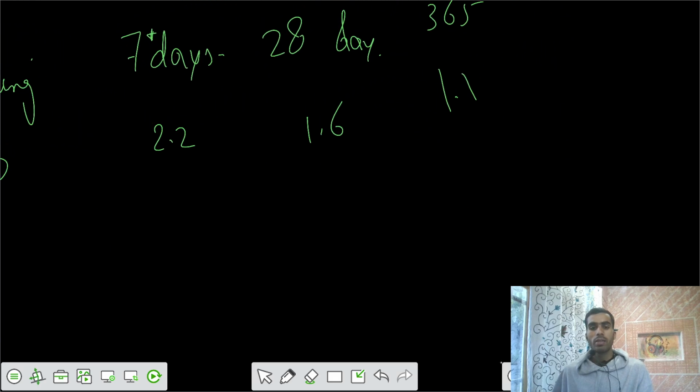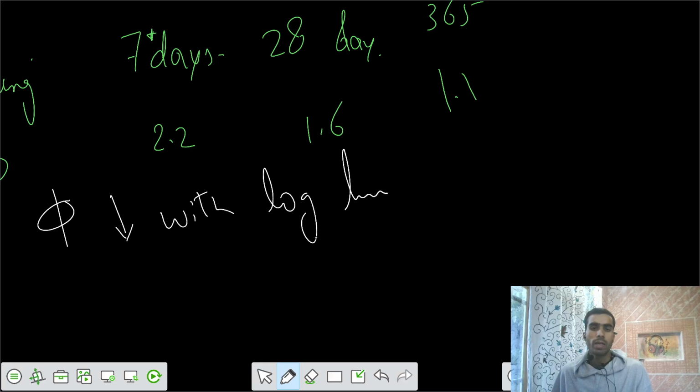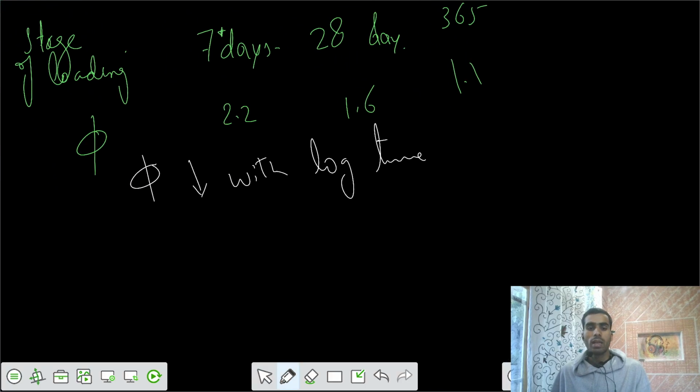Similarly, the value of phi decreases with the log of time. Let me calculate the creep coefficient at any time between 7 days and 28 days, let's say the 15th day. What is the creep coefficient on the 15th day?